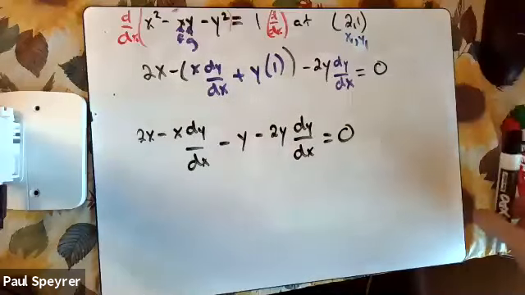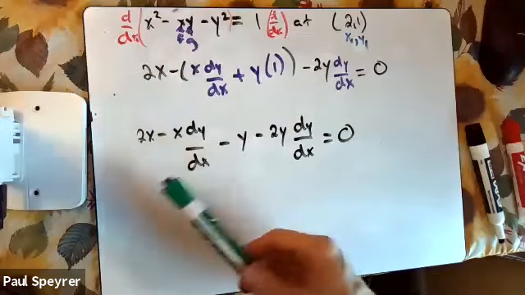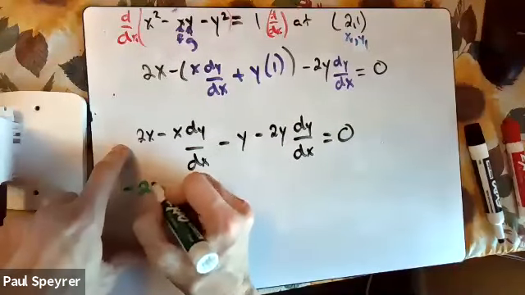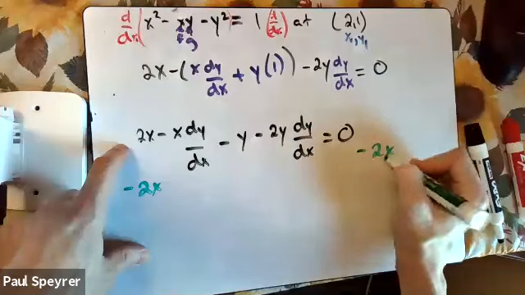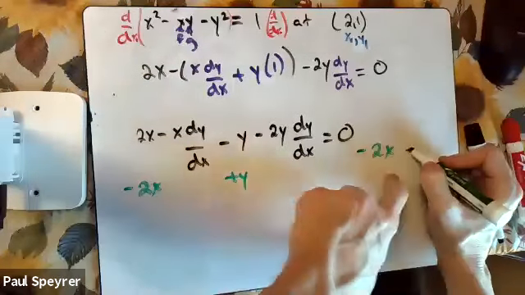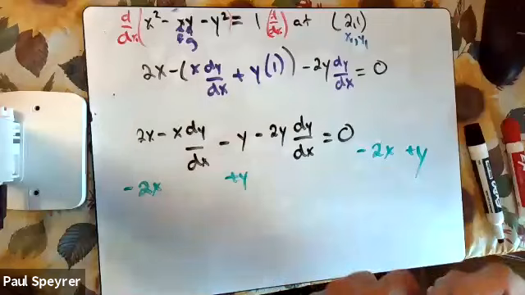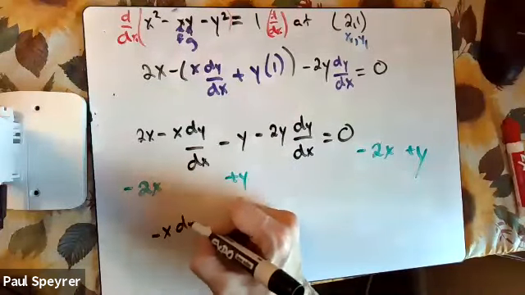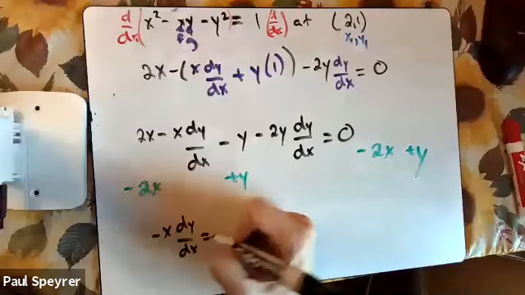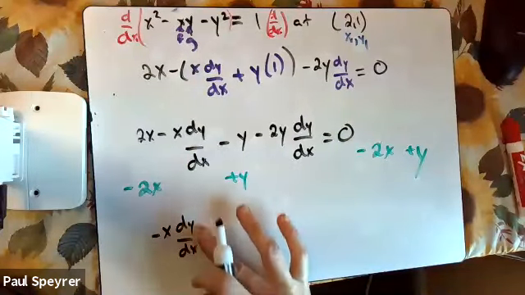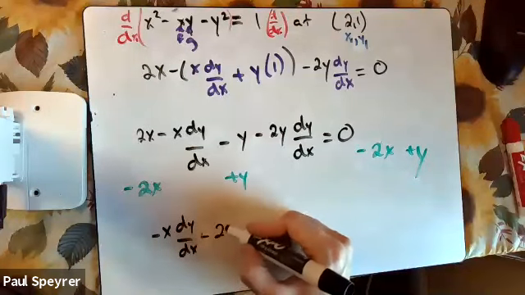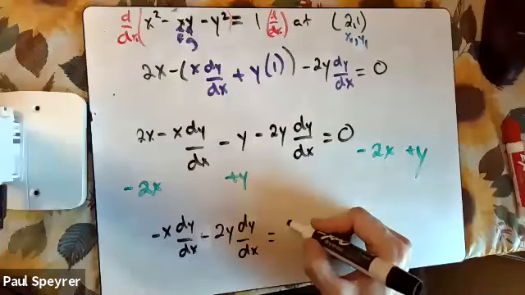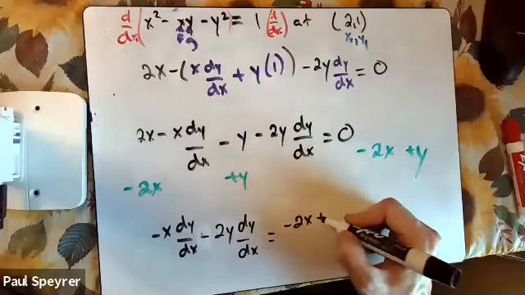All right. Now, from here, what's the next step? Get everything without dy dx on the other side. So I'm going to subtract the 2x. I'm going to add the y. Now we have negative x dy dx minus 2y dy dx equals negative 2x plus y.